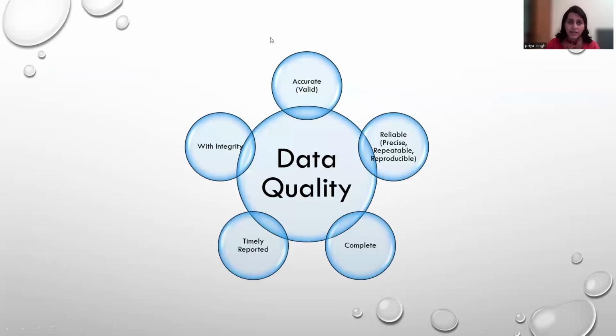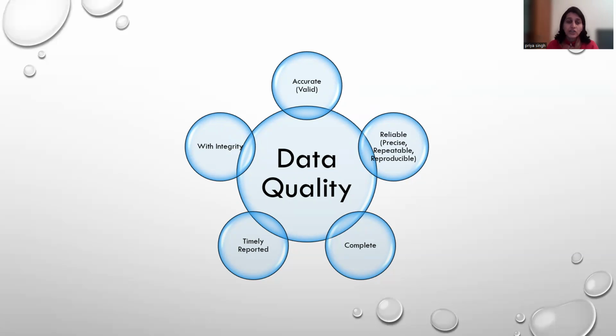And to achieve that, we have to know about data quality. Data quality tells us how reliable a particular set of data is and whether or not it will be good enough for a user to employ it in decision making. The various elements of data quality are: number one, the data should be accurate or valid.